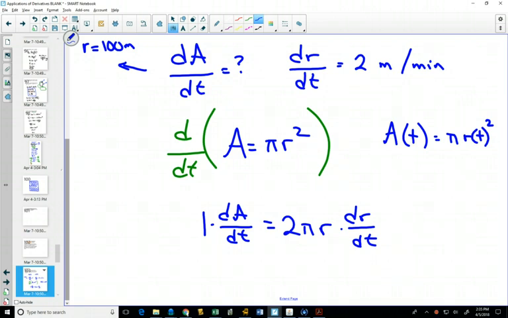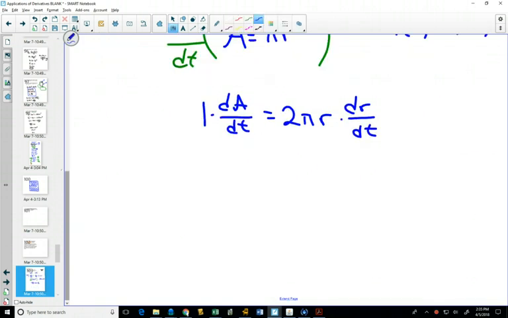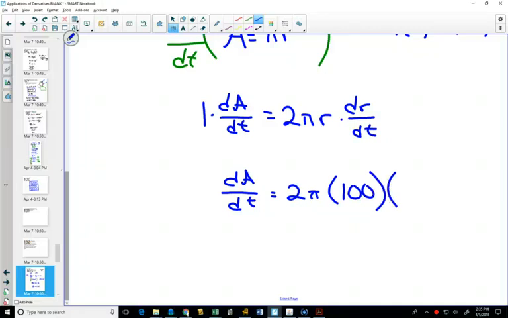And now this is what we want to find. We want to find dA/dt when the radius is 100, and we know that the rate of change of the radius is 2 meters per minute. So we can now just substitute everything in. dA/dt, which is what we want to find, is equal to 2 pi, when the radius is 100, and we know from the question that the radius is changing at 2 meters per minute.